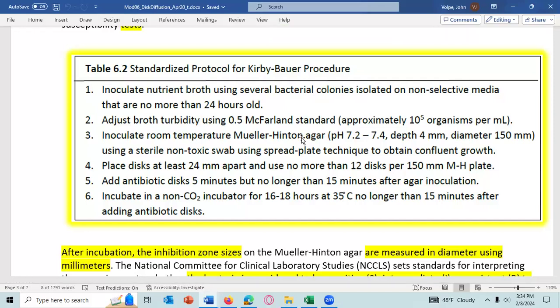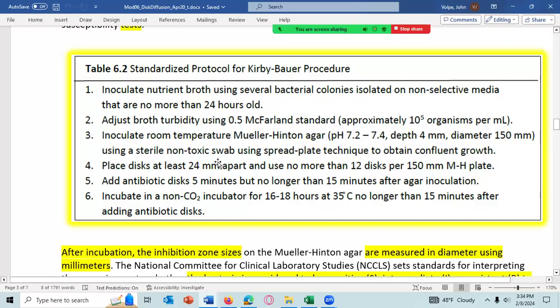And then we always use plates of 150 millimeters diameter when using the Kirby-Bauer disc diffusion method. And what you do is you take the bacteria using a non-toxic swab, like a cotton swab, and then spread it over the plate, obtaining confluent growth of the bacteria on the plate, meaning you want the bacteria to grow in a lawn where it's growing everywhere on the plate.